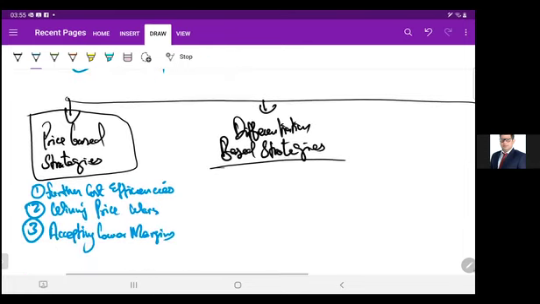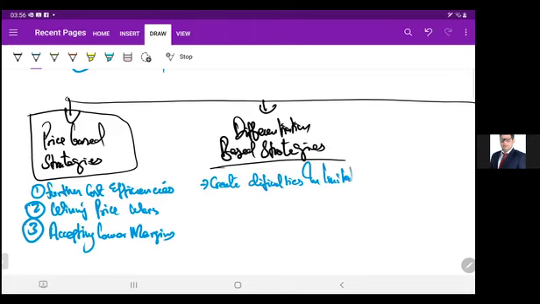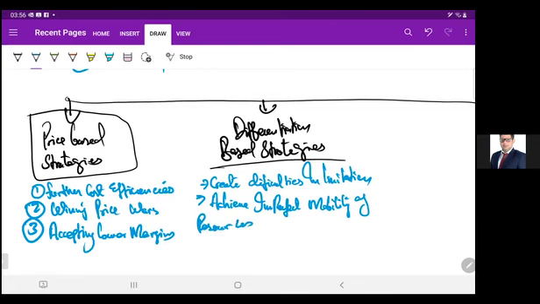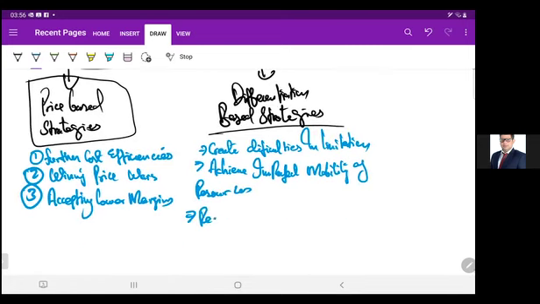Create difficulties in imitation, to achieve imperfect mobility of resources, and reinvest margins. How cool is that, right?